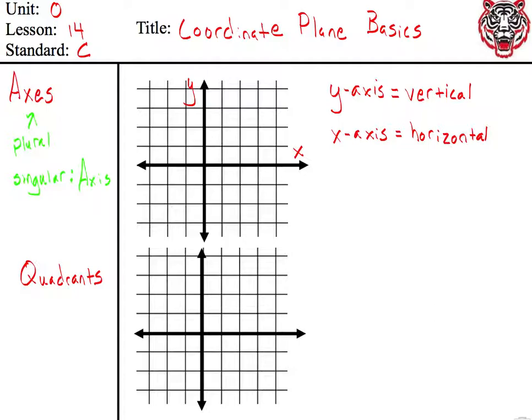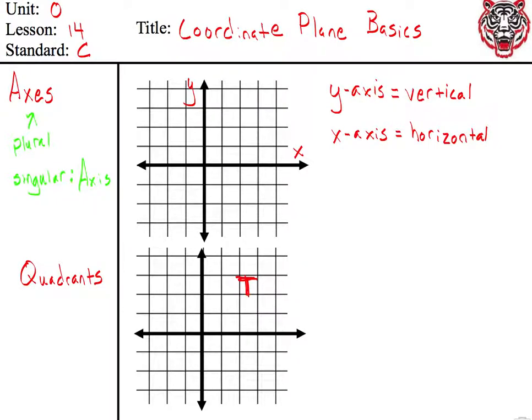So where does quadrant 1 go? Top right, top left, or bottom right? India knows. Jaden knows, Colby knows. All right, India, give it to us. Top right. This is quadrant 1.